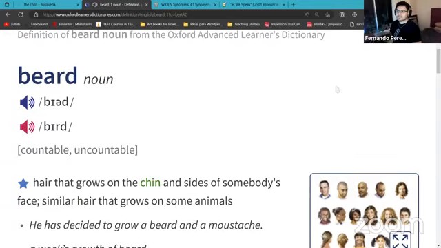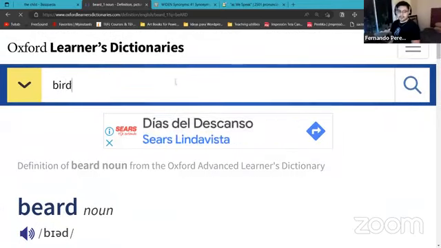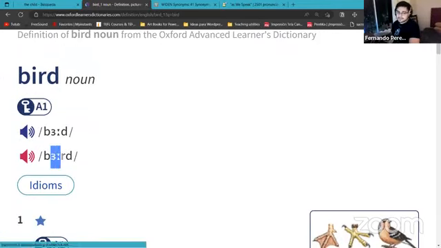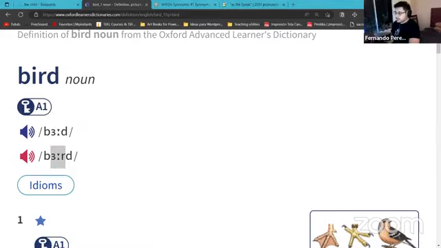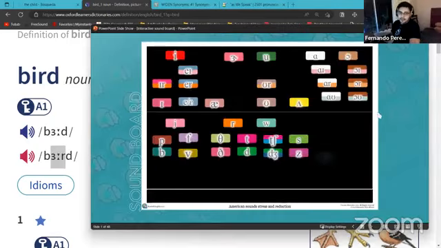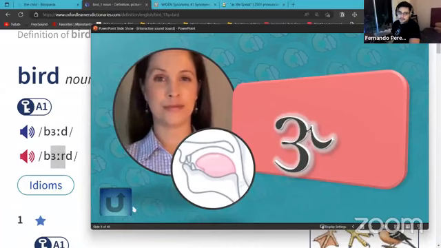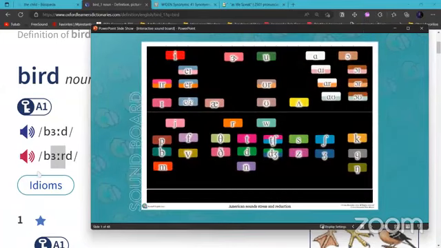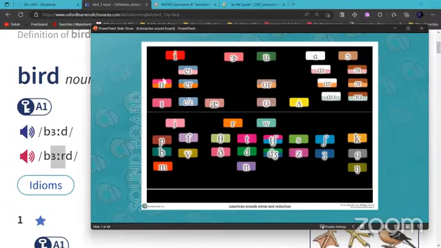How do you say the animal? Good question. Look at the difference. Let me open the soundboard so you can hear the difference. Check this out. Beard.